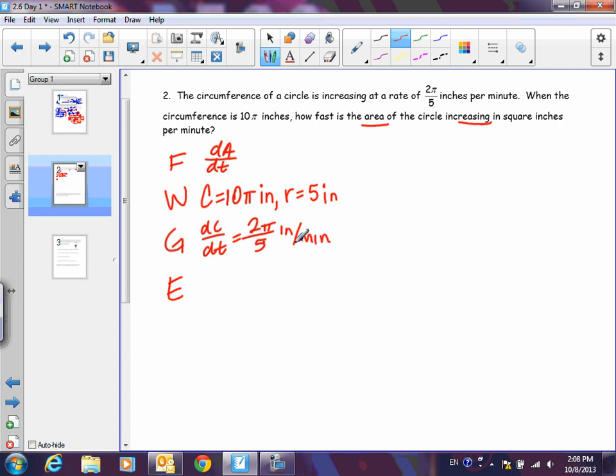All right, and how many of you wrote this as your equation? Okay, how many of you wrote this? Anybody? How many of you wrote both? Okay, it's probably going to be a good idea to write both because this problem has to do with area and circumference.